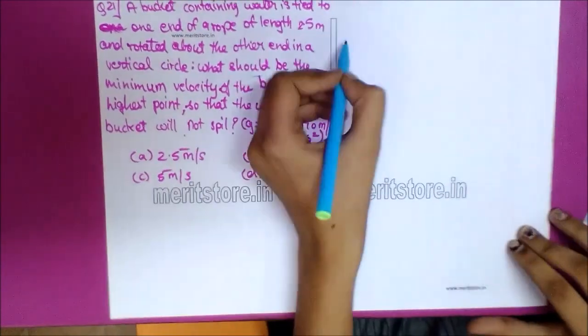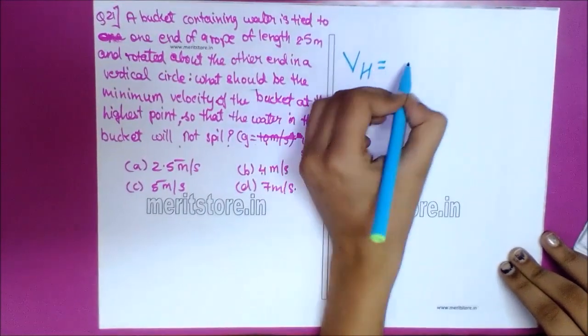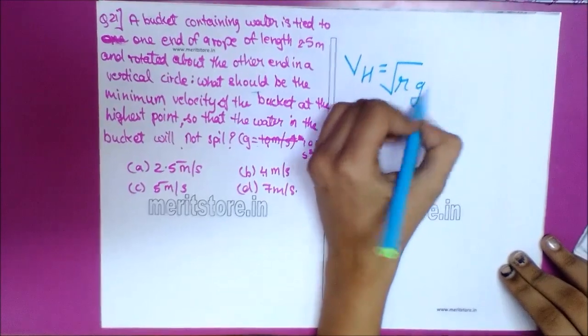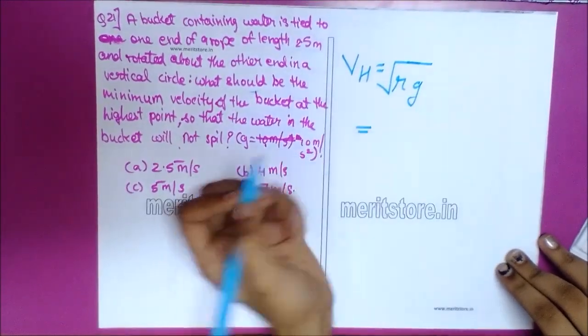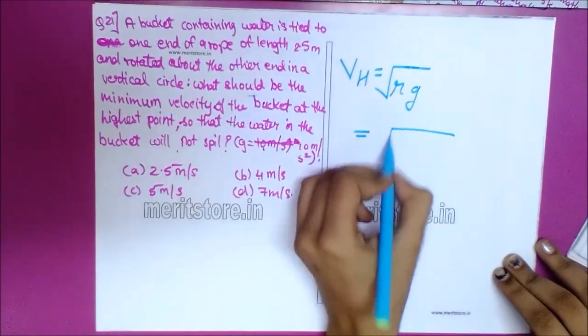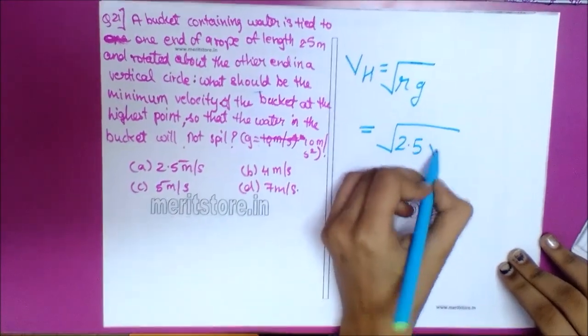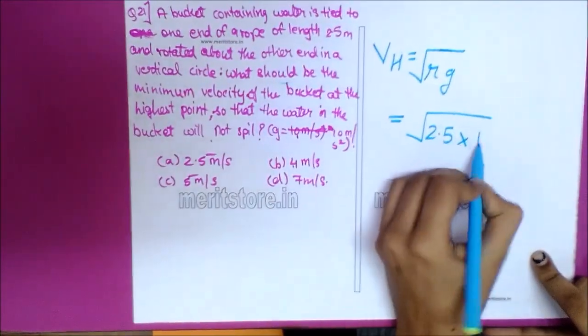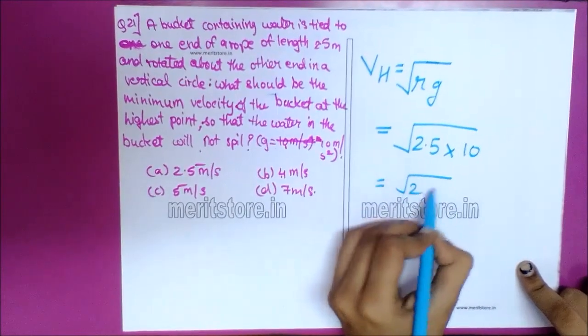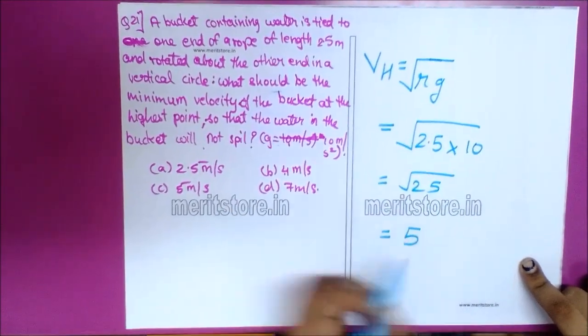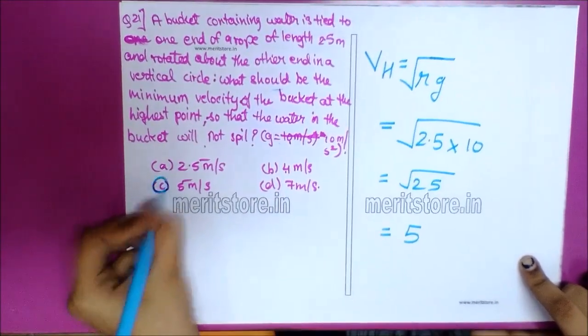So over here the velocity at the highest point is given by root of Rg. R is given to us as 2.5 meters, therefore this will be root of 2.5, and g we are supposed to take 10. So this is root of 25, root of 25 is 5 meters per second. Option C is the correct option.